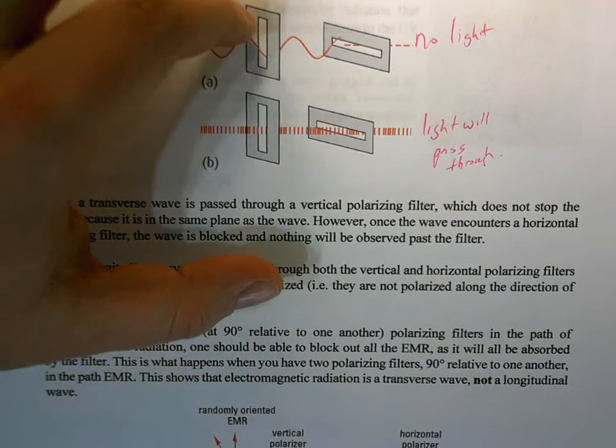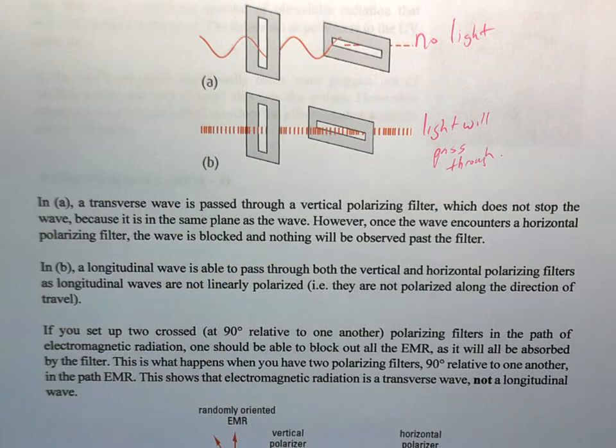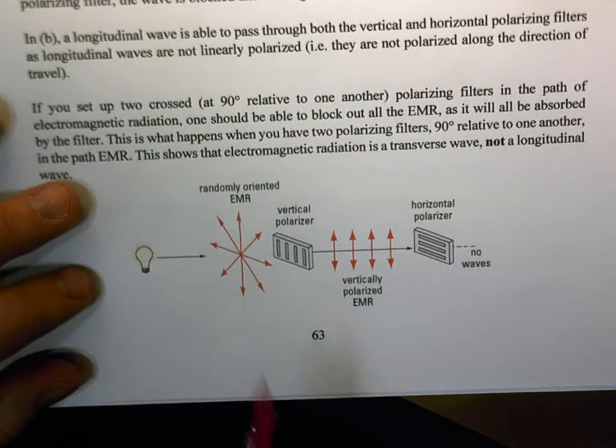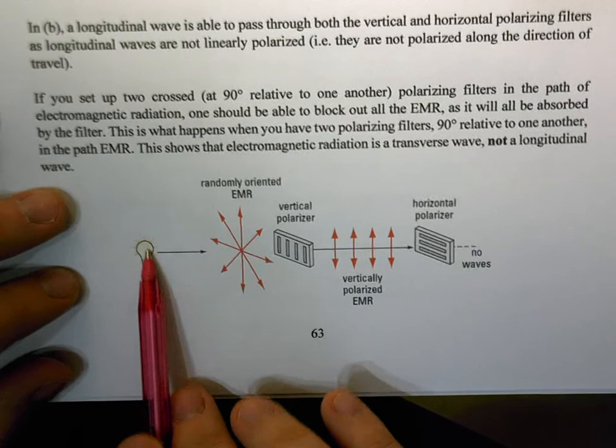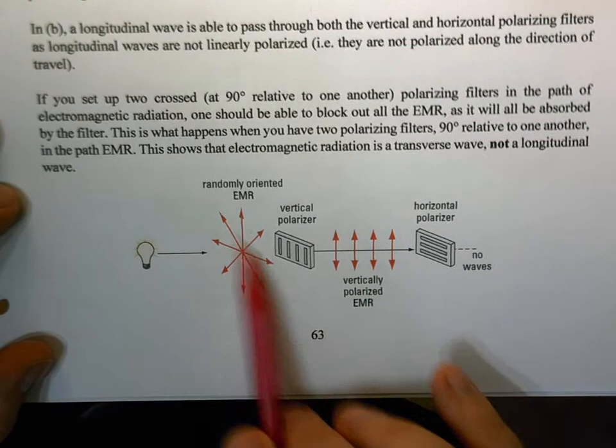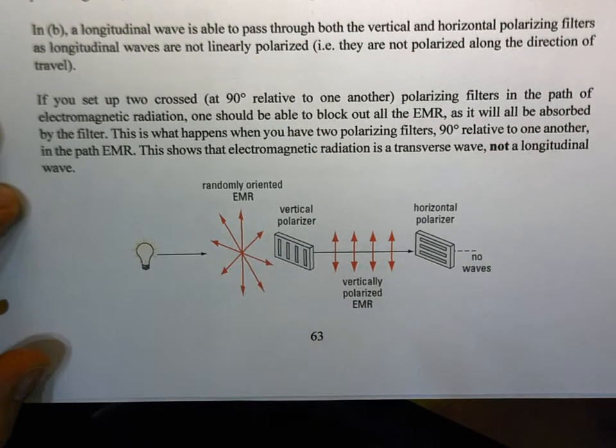As I mentioned, this object here is what we call a polarizing filter. The whole job of a polarizing filter is to allow only one oscillating plane of light through, or restrict light to one oscillating plane. I'll show you with this diagram. If we have a light source, it's going to be what we call unpolarized. That means the light oscillates in all possible directions, so we see all the oscillatory planes.